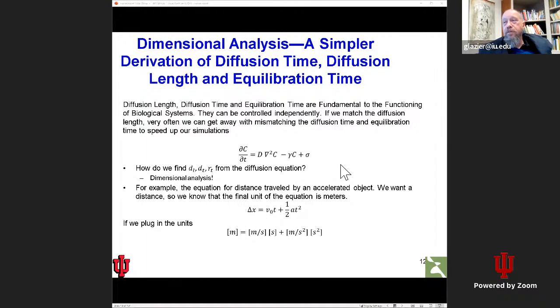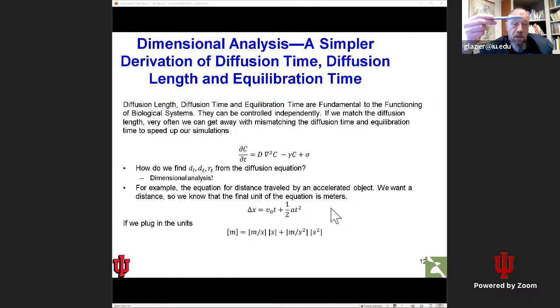So let's think about a very simple example. Suppose that we have an object like my pen, and I drop this object, and I want to know how far it went as a function of time. I can write that the acceleration of my object is proportional to the force, using Newton's law, F equals ma.